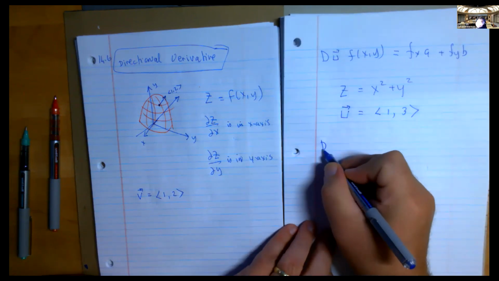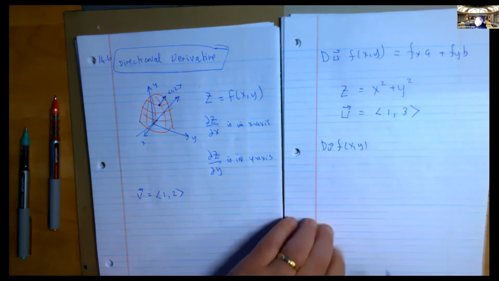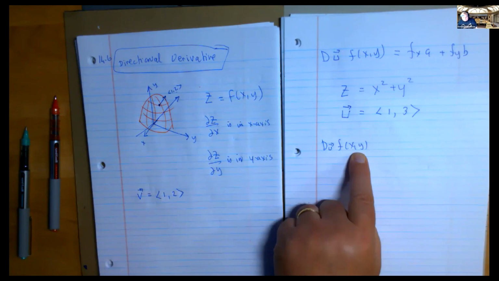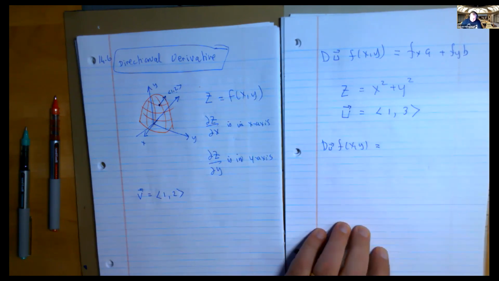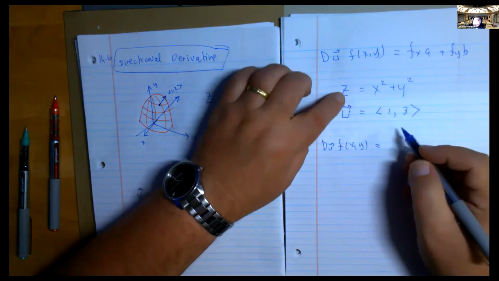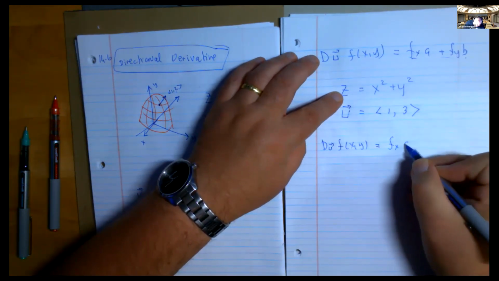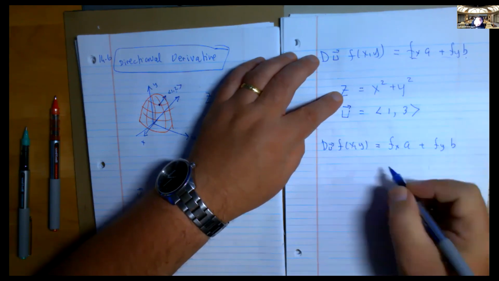How would I get the directional derivative? Well, that's the notation that says what the directional derivative is. It's D of vector u, the function, and it's equal to this: the partial derivative of x times a plus the partial derivative of y times b.